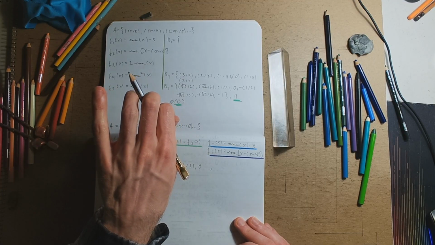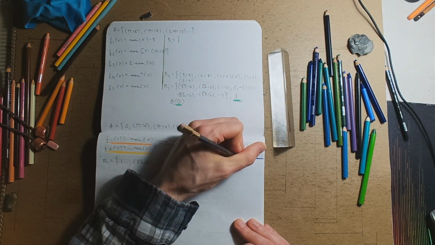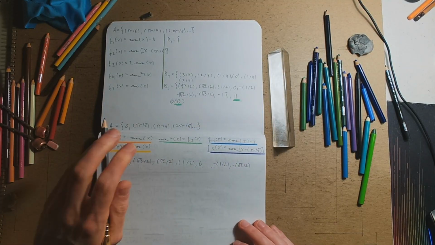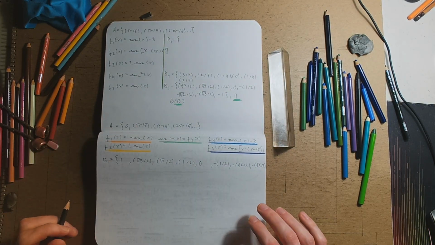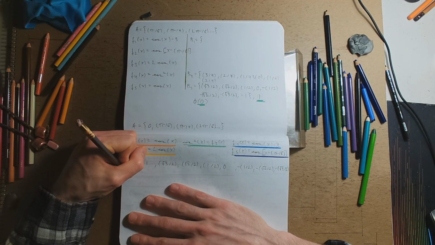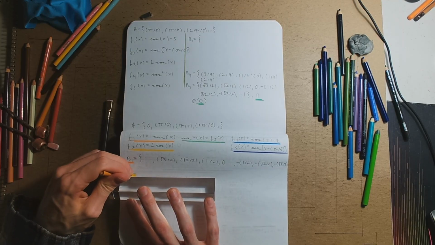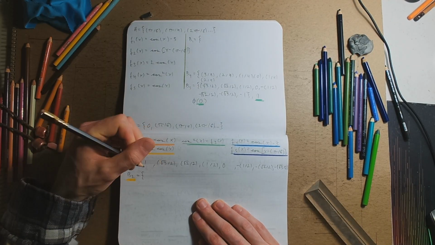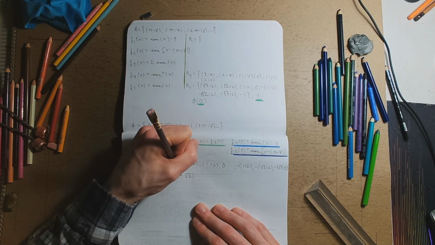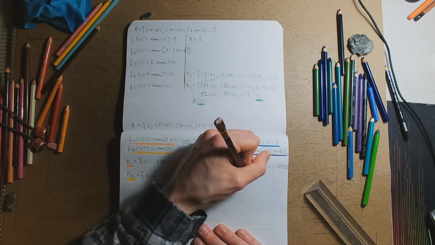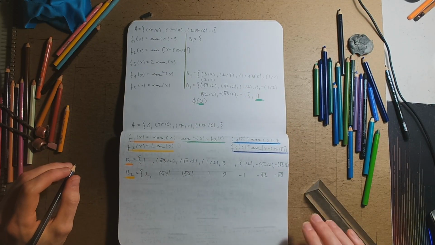And now the set containing elements 2, root 3, root 2, 1, 0, negative 1, negative root 2, negative root 3. Okay.